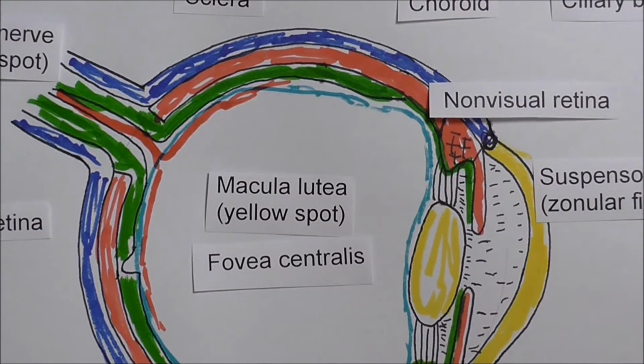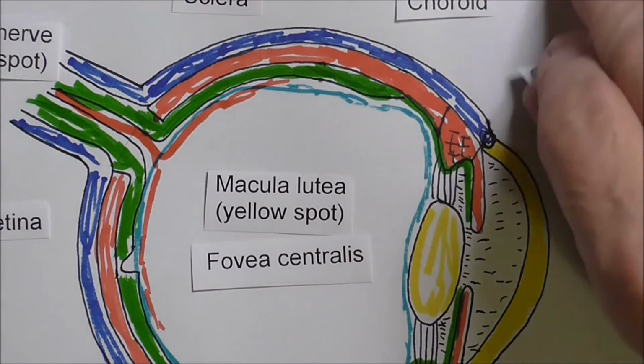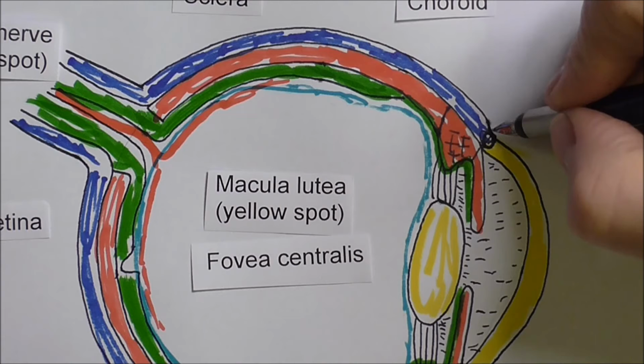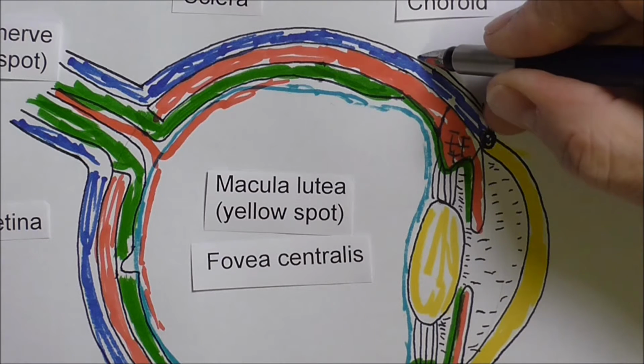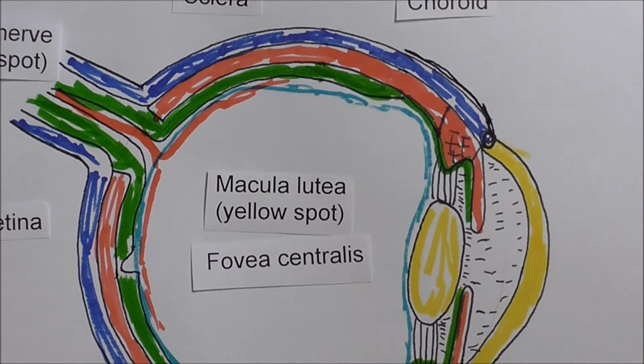And then at the front of the eye, we have another layer called the conjunctiva. Now the conjunctiva, we'll start here. The thin layer that goes over the front of the eye. In this bit here.